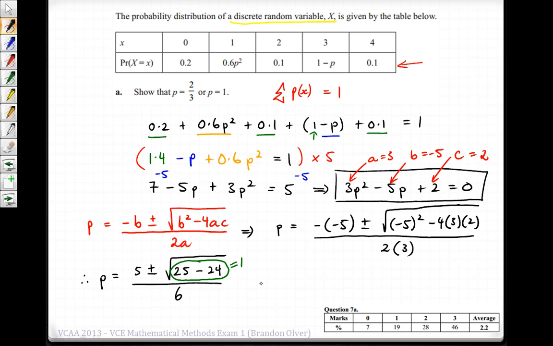So overall I have p equals 5 plus or minus 1 on 6, and that gives me two cases. One of them you should be able to see is 5 plus 1 is 6 on 6, p equals 1, and the other case is 5 minus 1 is 4 on 6, gives me p equals 2/3, and that's as needed to be shown.